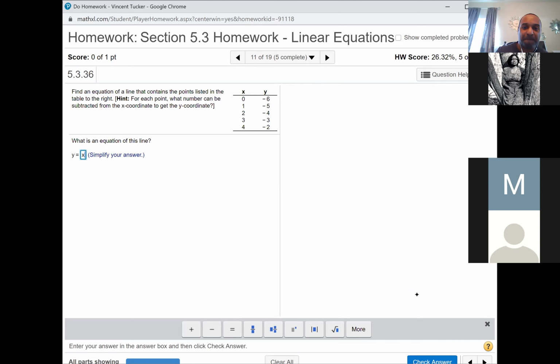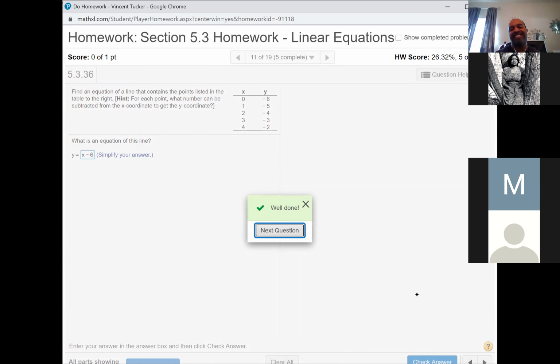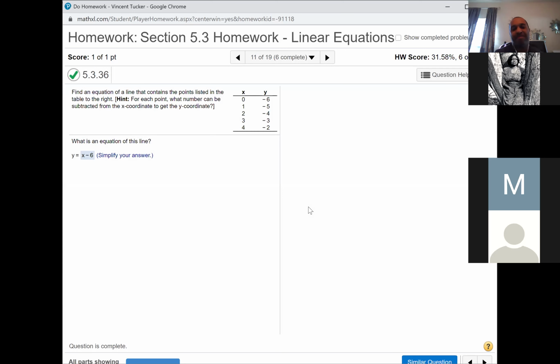I mean, 0, 1, what? Subtracting what? I do want to understand it.